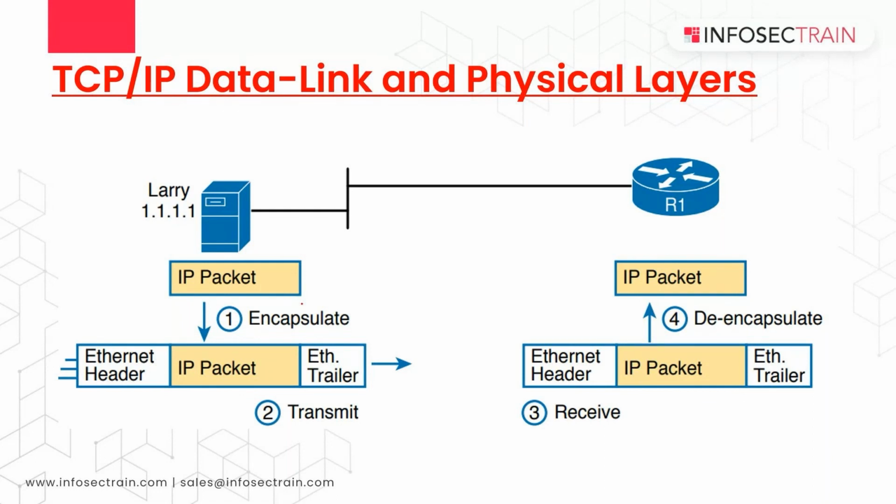Then it is physically transmitted bit by bit using electricity flowing over the cable, and router 1 physically receives those electrical signals over the cable. Then it recreates the same bits by interpreting the meaning of the electrical signals, and it de-encapsulates the IP packet from the Ethernet frame by removing and discarding the header and the trailer that were added. In the end, router 1 has the IP packet only, which it forwards to the target.